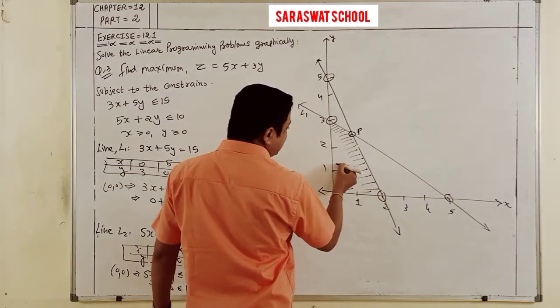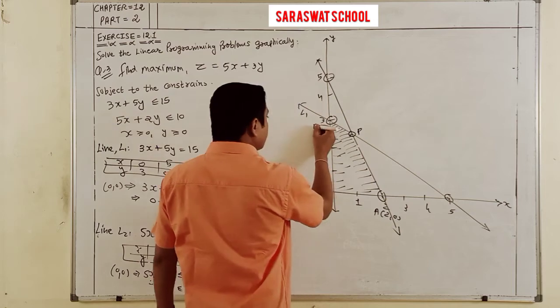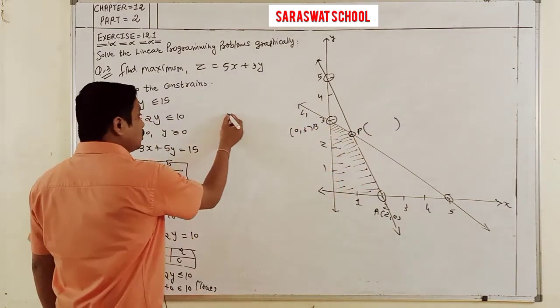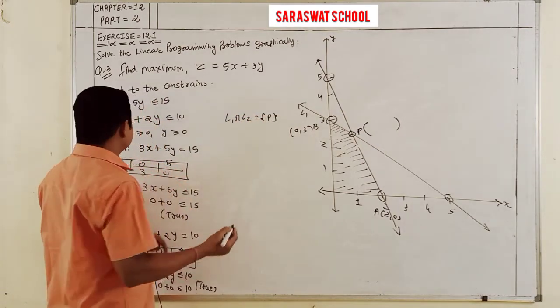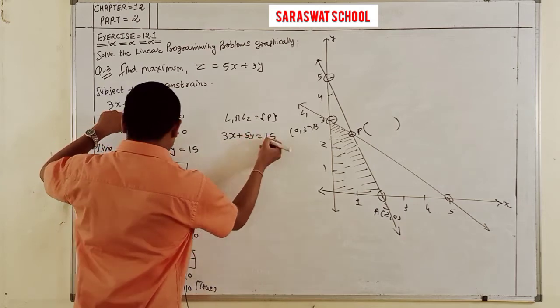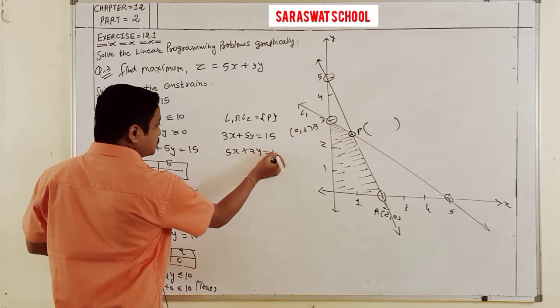And very easily your answer: A is (2, 0), B is (0, 3), and students, P is the intersection of L1 and L2, which you will decide by the common intersection between 3x + 5y = 15 and the second, 5x + 2y = 10.